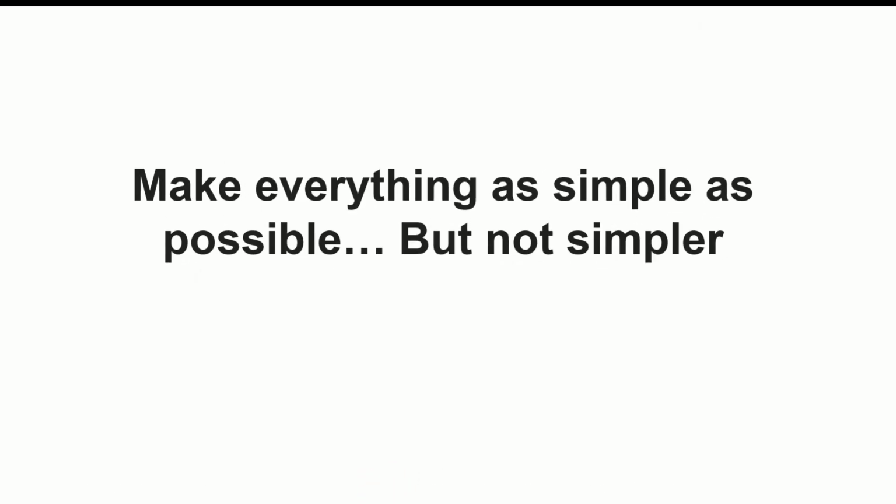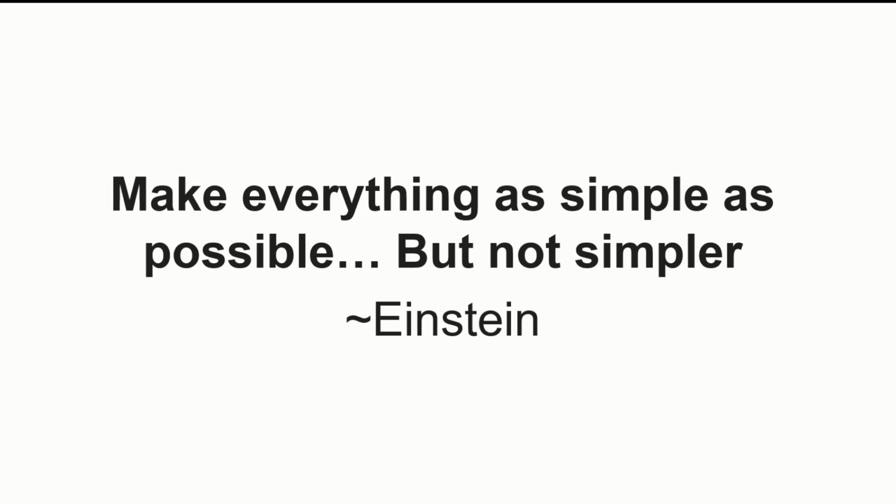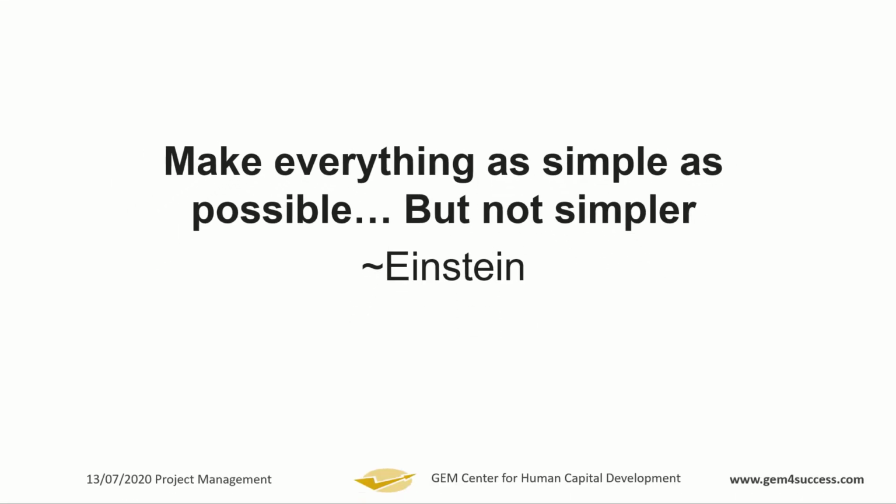So there's a quote here from Albert Einstein: make everything as simple as possible, but not simpler. So in the context of WBS, break your scope down and keep breaking until it's simple enough at the work package level that you can easily manage and control, but don't break down further. Okay?